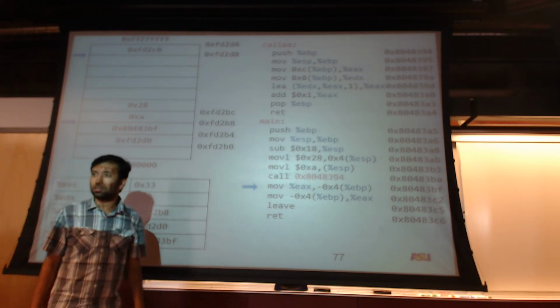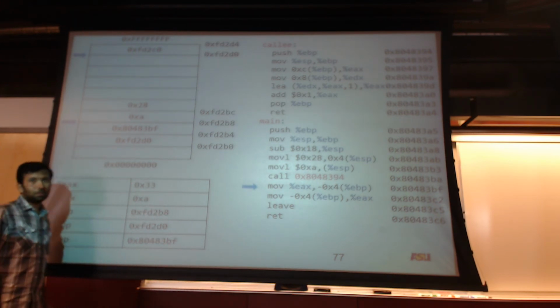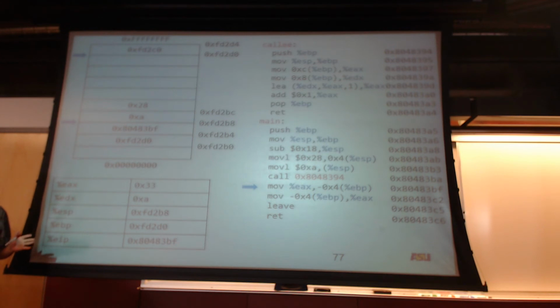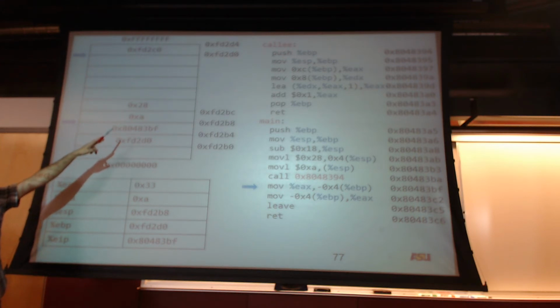So now if you change the EIP, what do you do? You just come back here, right? By just popping, remember when we called, our stack was exactly that. That is what our stack was when we called the function.